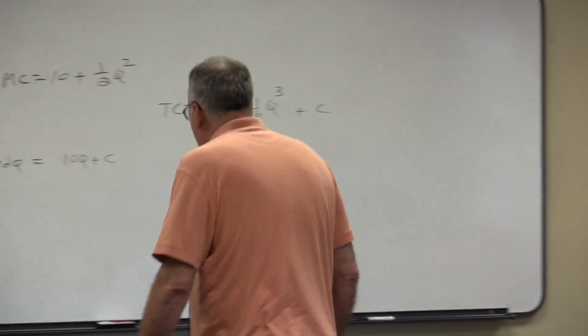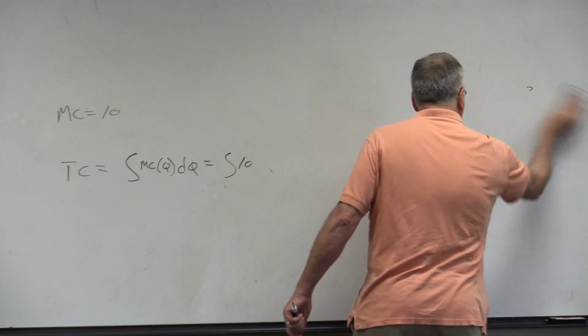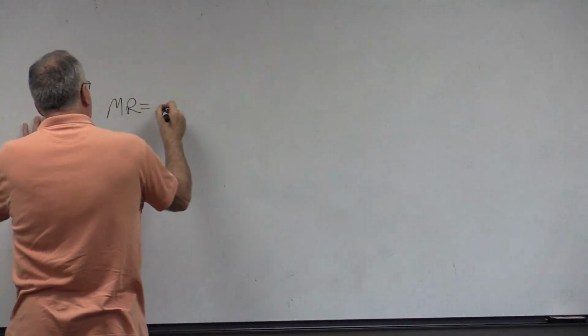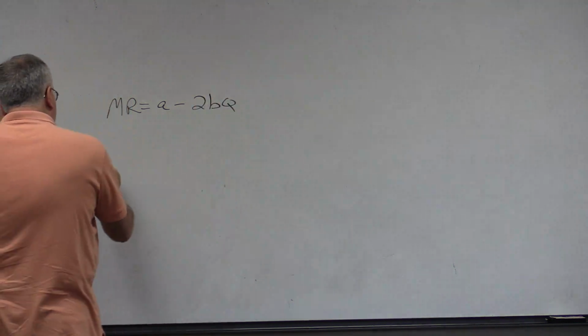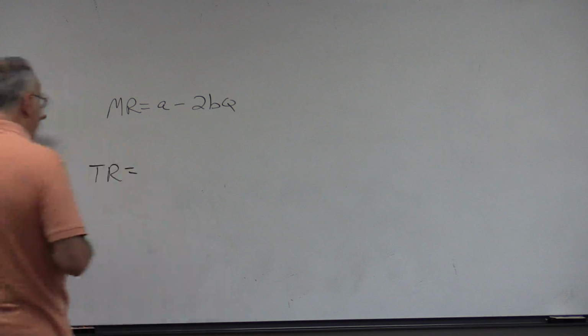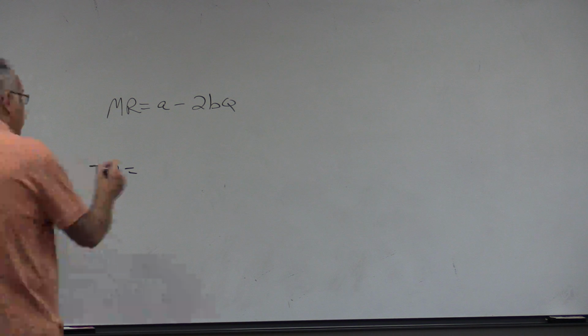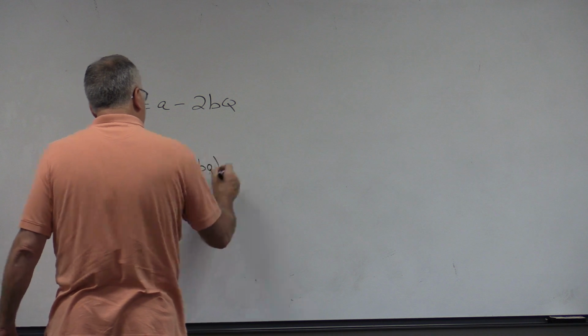If our marginal revenue curve was this, A minus 2BQ, what would total revenue be? What is the integral of this, A minus 2BQ, with respect to Q?